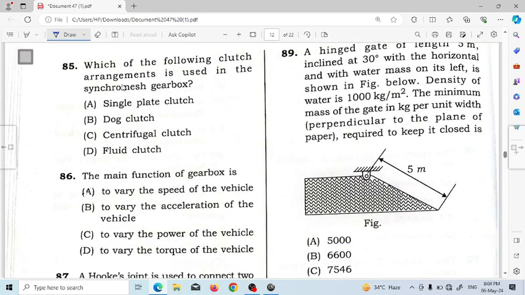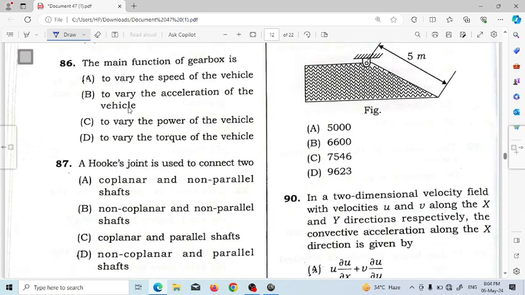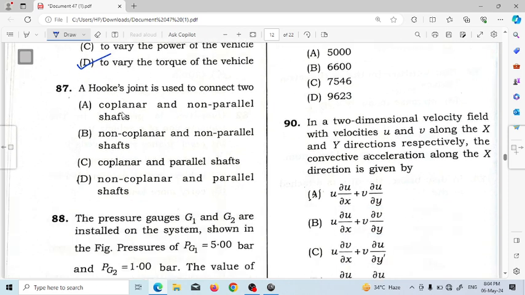Next, 85. Which of the following clutch arrangements is used in a synchronous gearbox? This is called a dog clutch. Next, the main function of a gearbox is to vary the torque of the vehicle. Option D is the correct answer.